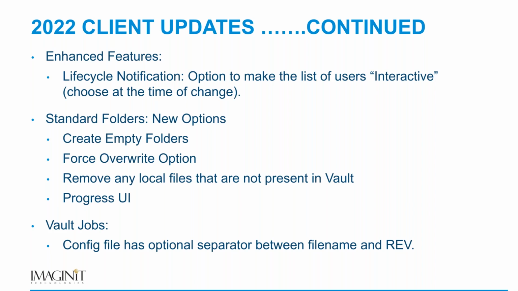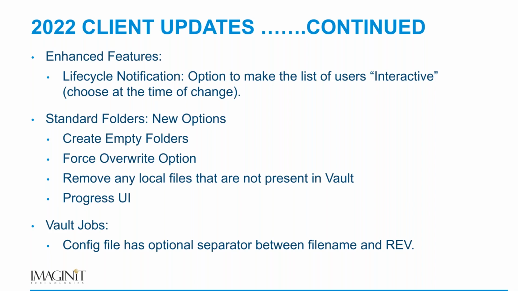So whenever he opens up Inventor, he is always using the latest and greatest. Or for the AutoCAD or AutoCAD Electrical users, we're just taking what's in Vault in a specific folder and pushing it down to the local user's machine. So that's what the standard folder tool does.